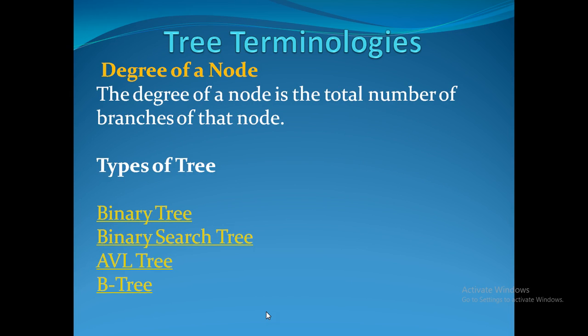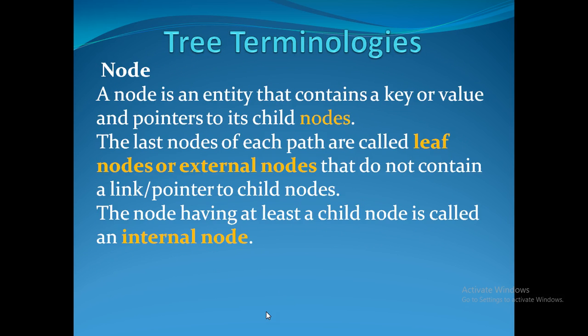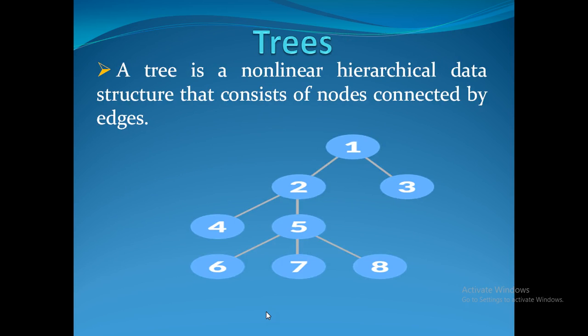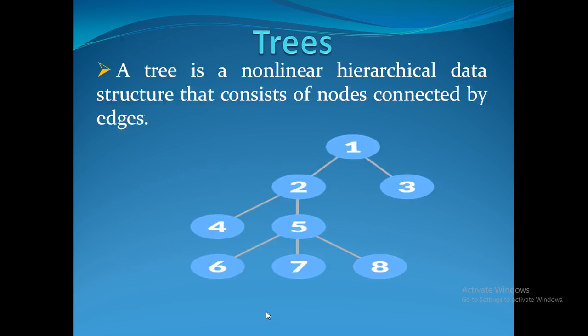Types of trees. We mainly have types such as binary tree, binary search tree, AVL tree, and B tree. We are going to discuss binary tree and binary search tree. A binary tree is a tree data structure in which each parent node can have at most 2 children. In a general tree there are no restrictions, and any number of children may be available, but without a restriction, traversal will be very difficult.